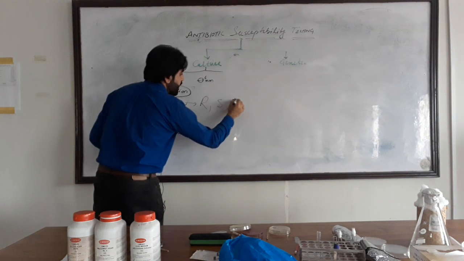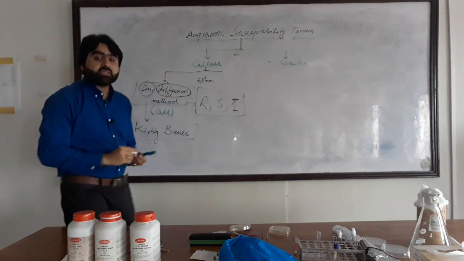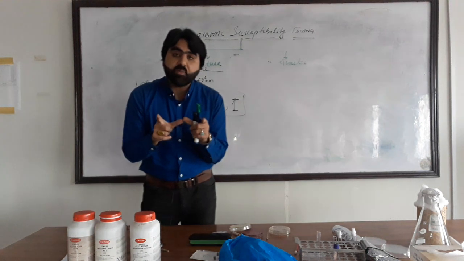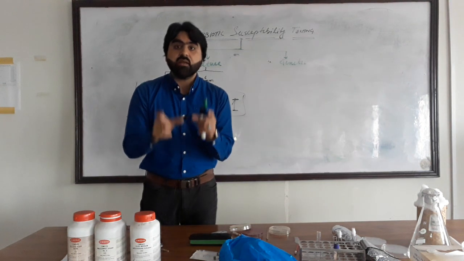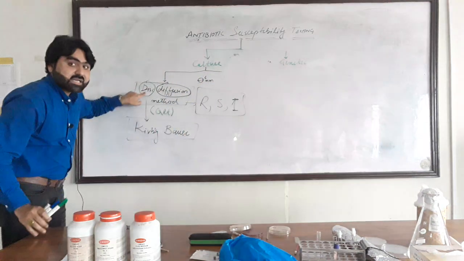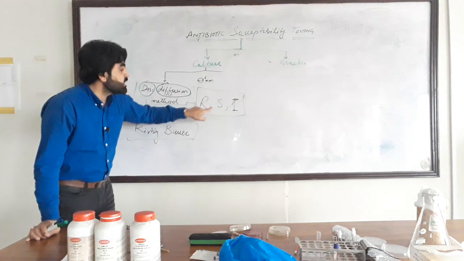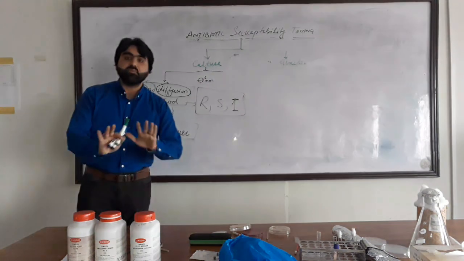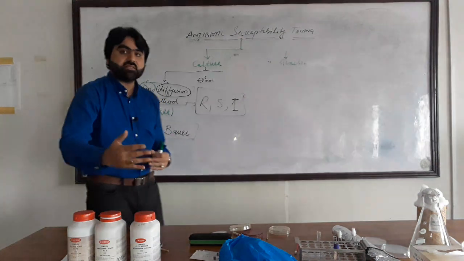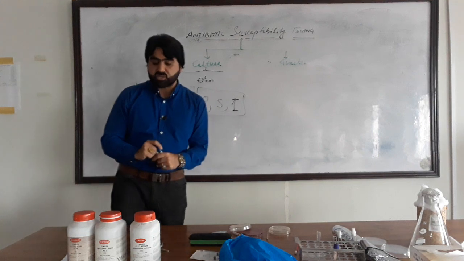It does not measure the minimal inhibitory concentration of antibiotic. It only tells you that at this particular concentration of antibiotic, this organism is resistant, sensitive or intermediate. It will not provide any data about increasing or decreasing concentration of antibiotic or the minimal inhibitory concentration.